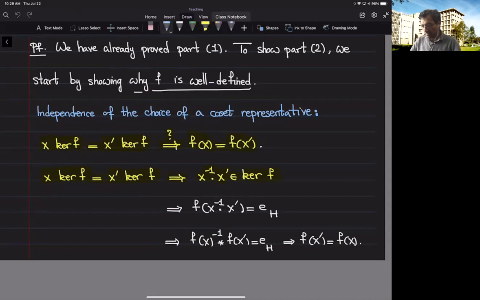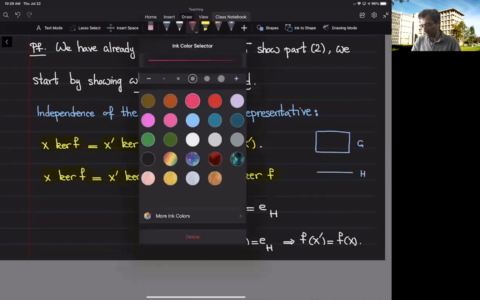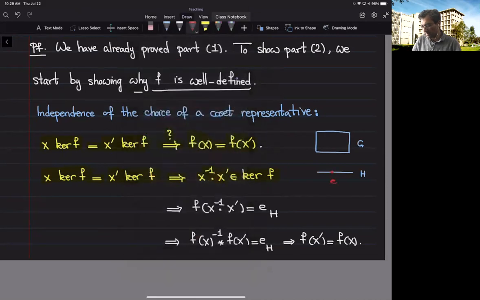So we say it is the set of preimages of the neutral element. So if this is G and this is my H, and I give you the neutral element of H, we are asking what are these elements that are on top of the neutral element. So that is kernel of F.